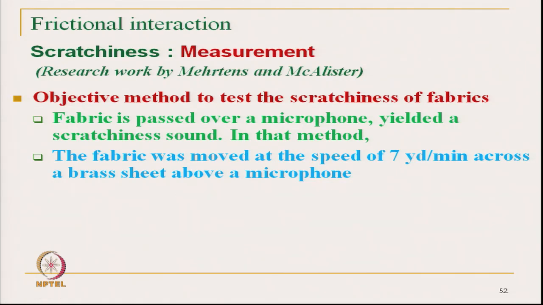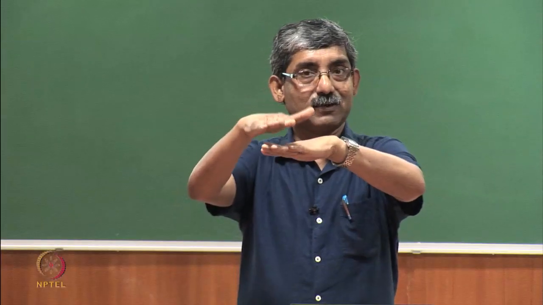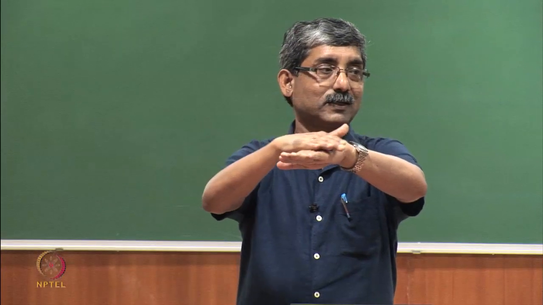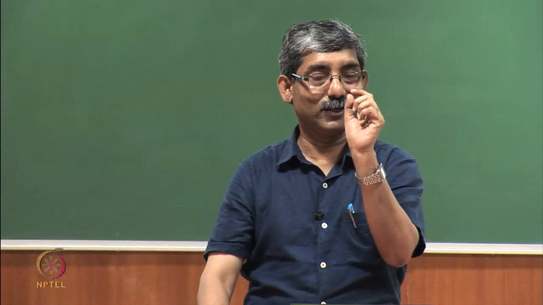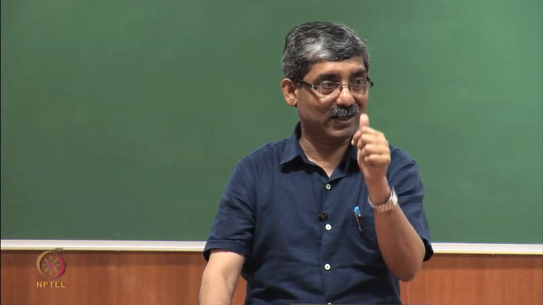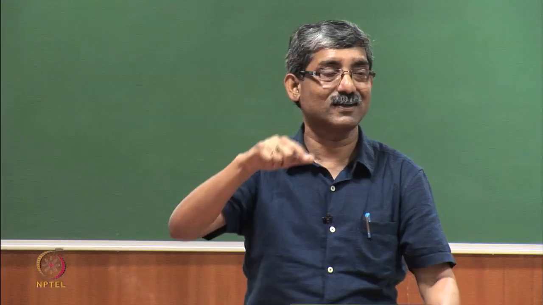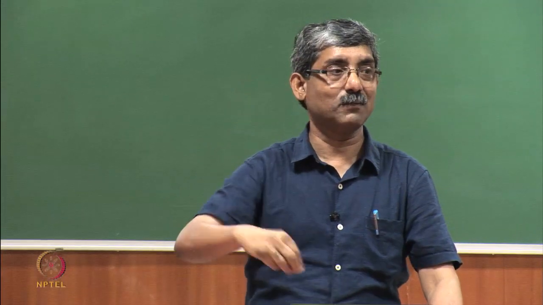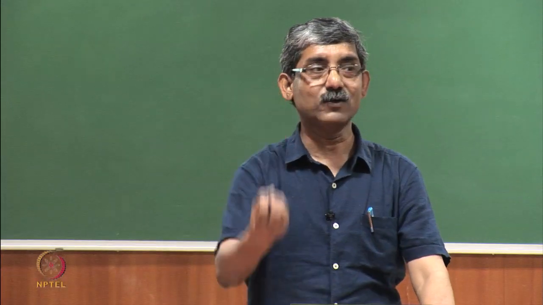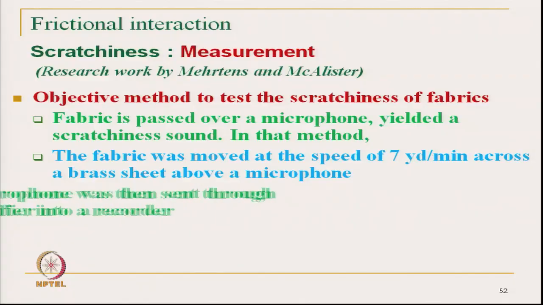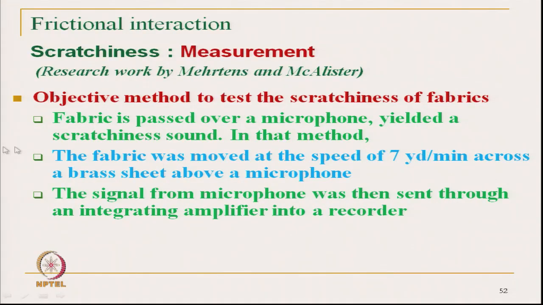If there is any roughness, scratchiness or stick-slip sensation, it will generate some sound and that sound is measured. The signal from the microphone was then sent through an integrated amplifier, which records the sound.